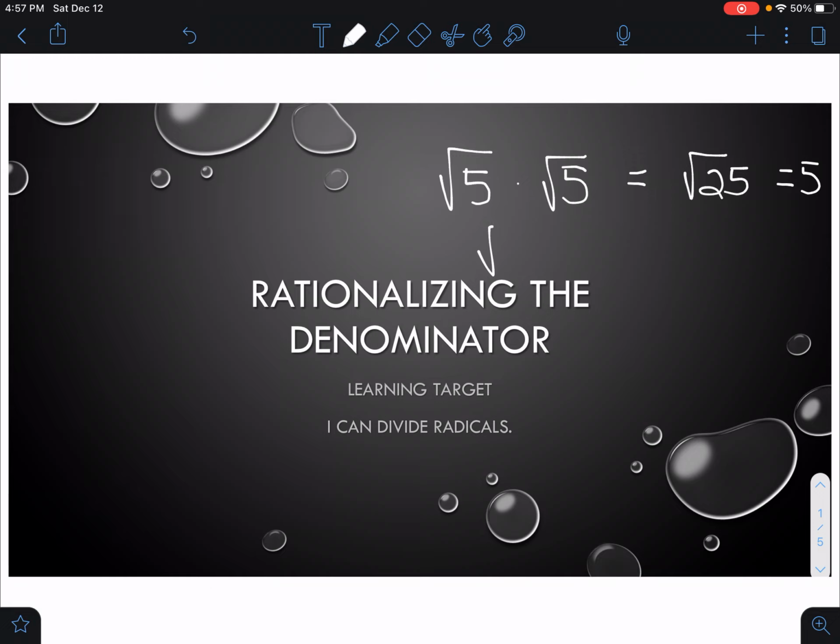This is really the square root of 5 squared, and we know that squaring something and square rooting are inverses of each other. So the square root and the squaring cancel each other out, and we end up with 5. Either way you get there, you notice that.